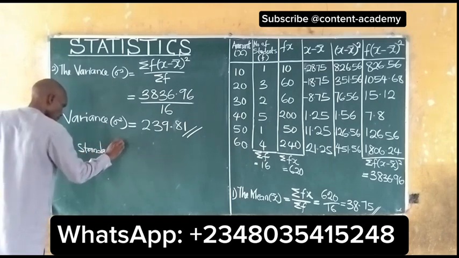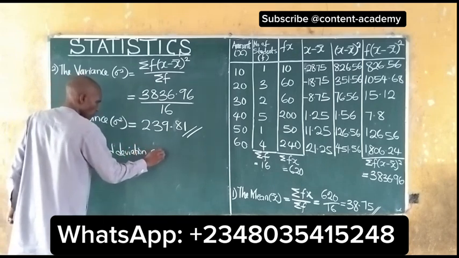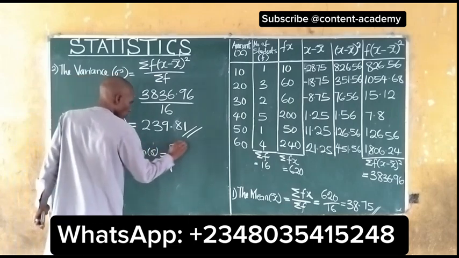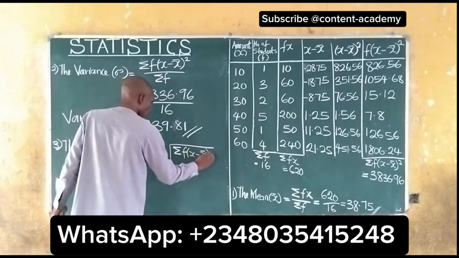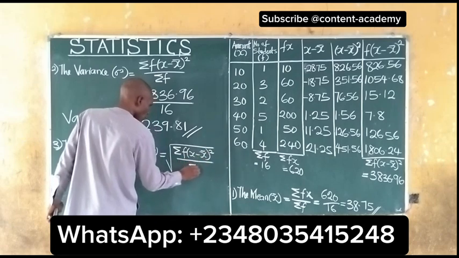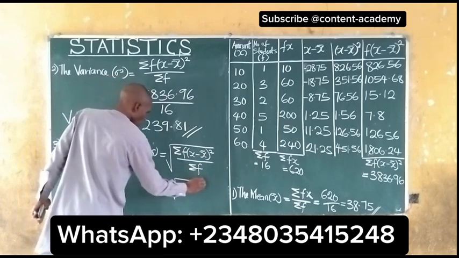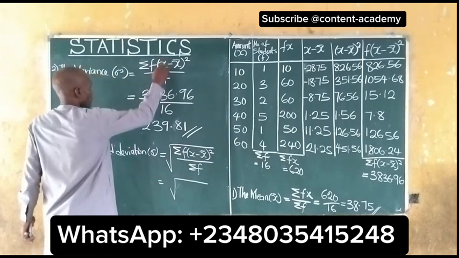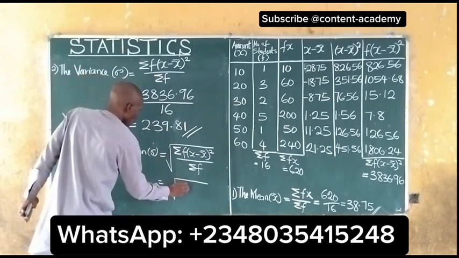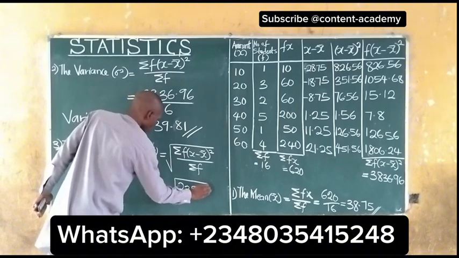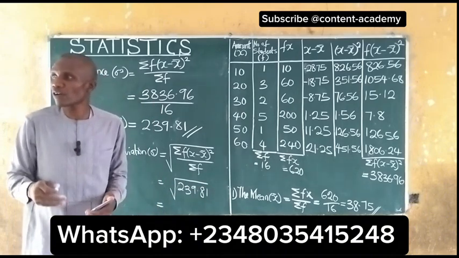Now 3. The standard deviation is equal to the square root of summation of f of x minus x bar all squared all over summation of f. Now, we'll just put whatever we got as the variance, 239.81, because the standard deviation is the square root of the variance.